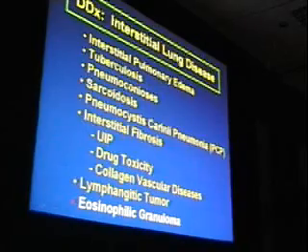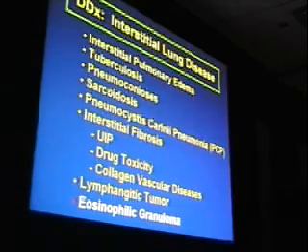So tuberculosis and the pneumoconioses generally affect, in the early stages, the upper lung zones. Sarcoid and PCP generally affect the mid-lung zones in their early form. And the early forms of interstitial fibrosis and lymphangitic tumor actually affect the lung bases early on. And if it's none of the above, then eosinophilic granuloma.